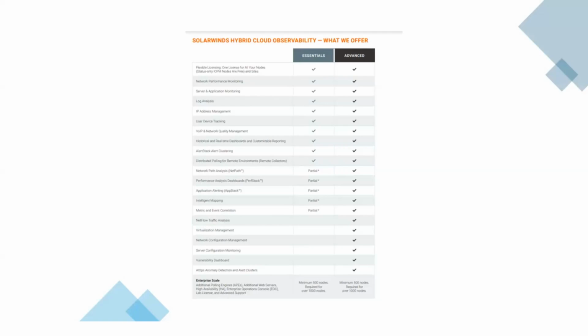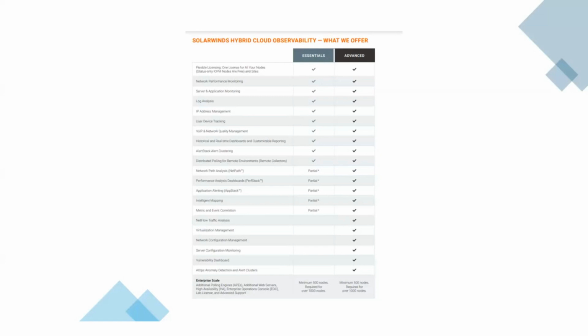The Enterprise Operations Console is there in enterprise scale licensing, meant for a distributed environment. If your environment is geographically distributed, EOC is the main connector, connected with the web servers and web console. It also provides lab licensing: up to 250 lab licenses you will get through enterprise scale, whether it is essential or advanced.